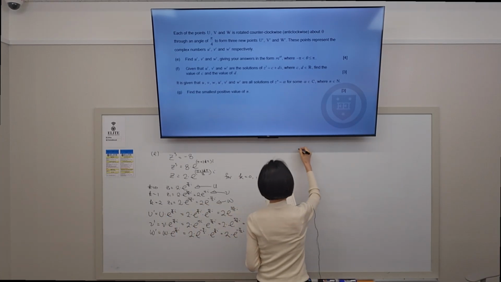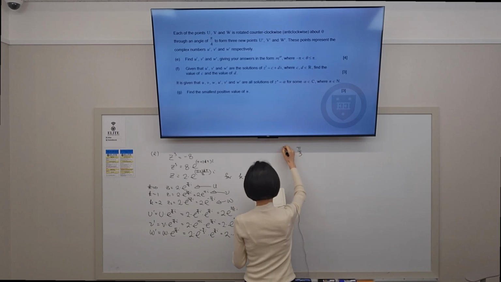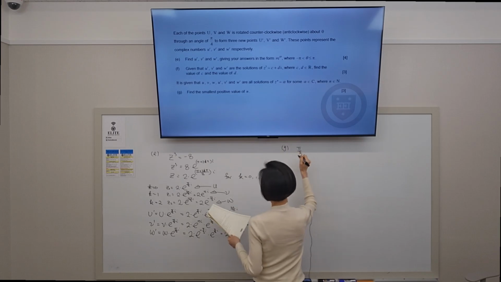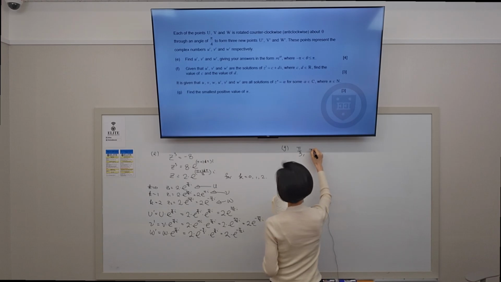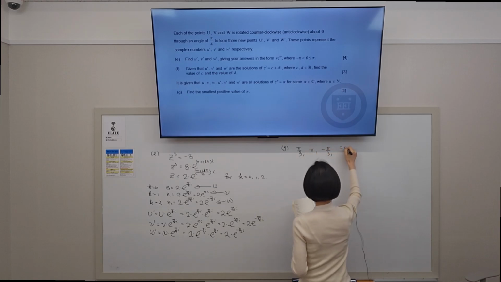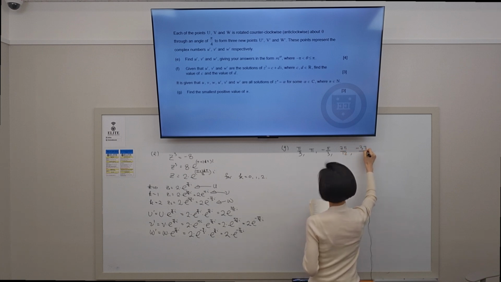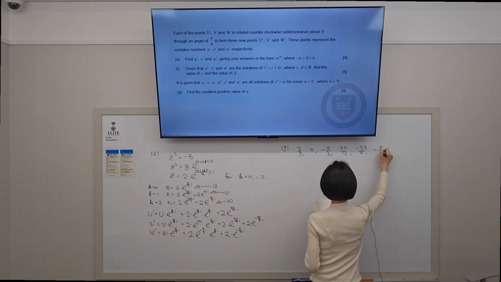Then we get pi over 3, pi, negative pi over 3, 7 pi over 12, negative 3 pi over 4, and negative pi over 12.